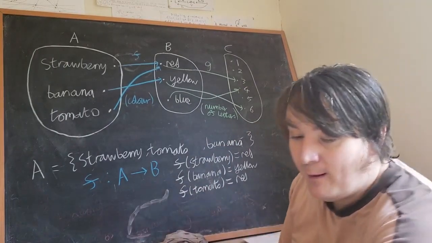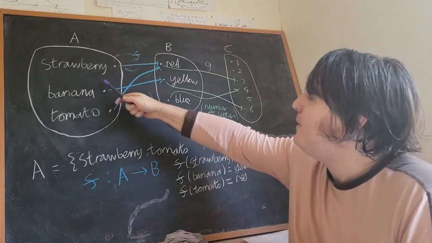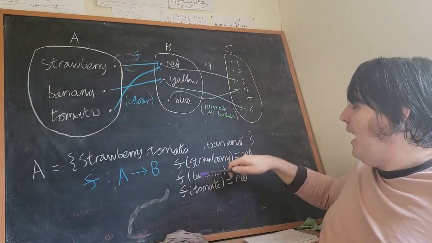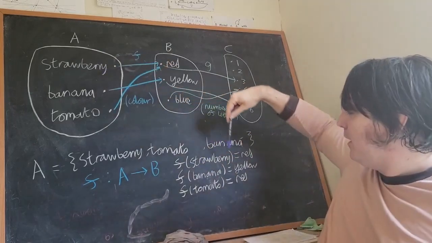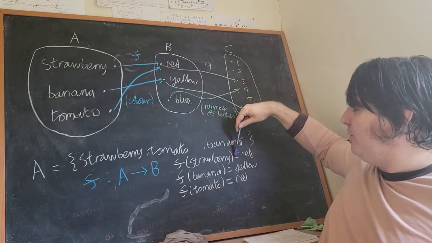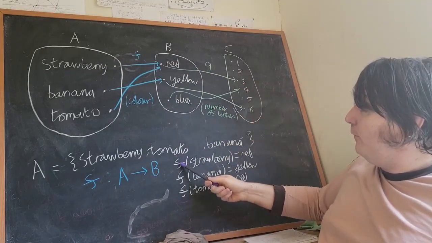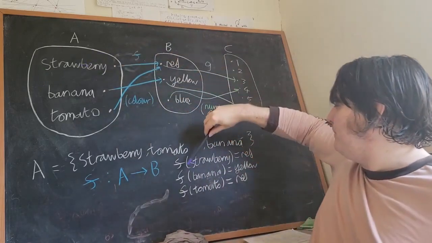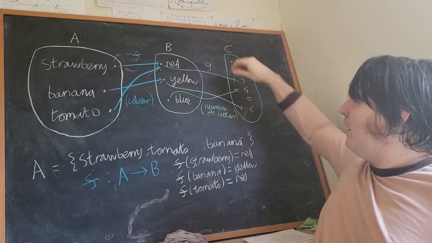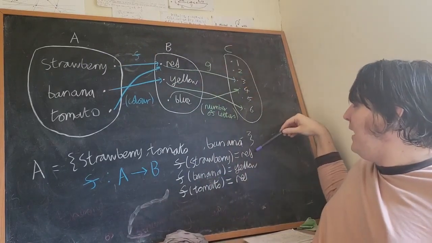The idea is that this is our function, this is our mapping from A to B, and then if we take an element of A, like the strawberry for example, and we surround it by brackets and put the f in front, what we're saying is that this function f is operating on the strawberry, and that's going to output an element of this set B, in this case red.